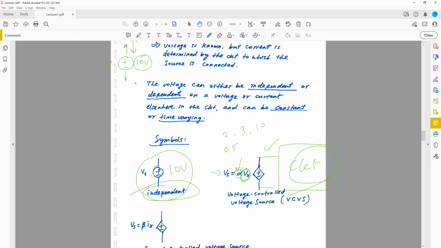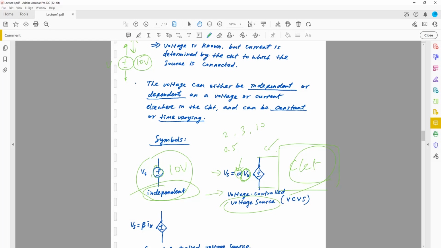So in such case, I have a voltage controlled voltage source, VCVS. Notice that this is a voltage source, and it's always a voltage source since we have plus or minus to denote the polarity, right?